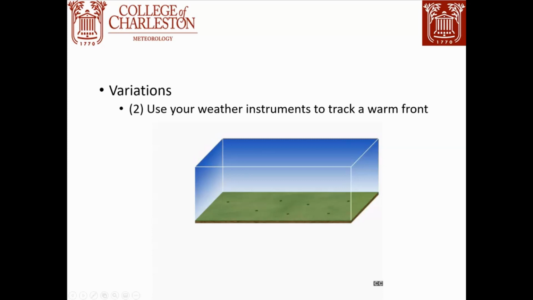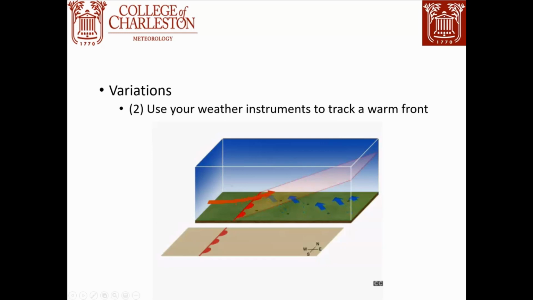Another variation to do is to track a warm front. Again, this will be helpful if you have a forecast for when a warm front would pass through your area. As we track a warm front, this would be the opposite type of process, where in this case the warm air is the part that is moving forward and is moving towards the cooler air, seen by the red and blue arrows that you see there.